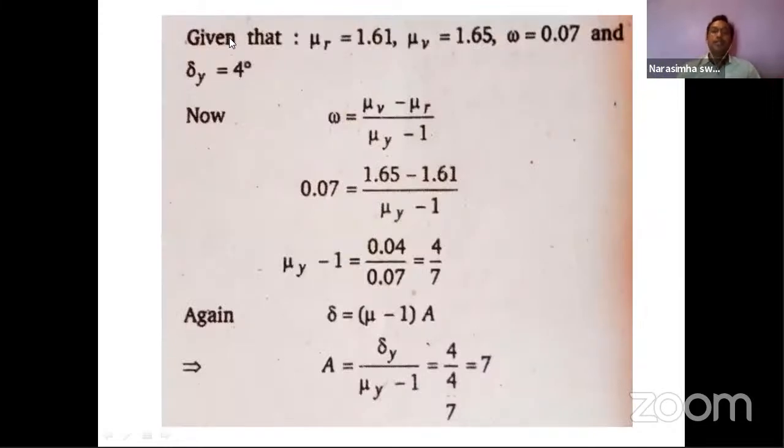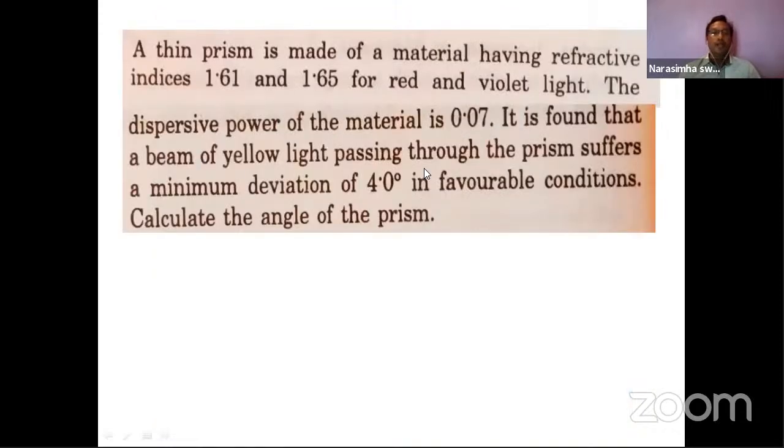Okay, this is the information, and we have a formula. Omega is equal to mu v minus mu r by mu y minus 1. Already we discussed this in the morning.